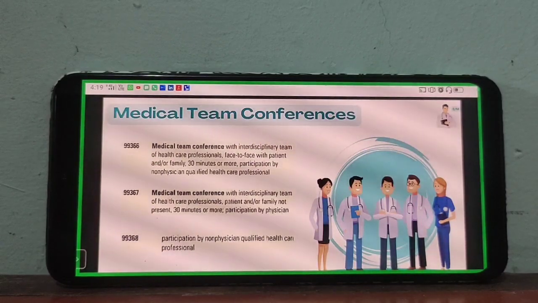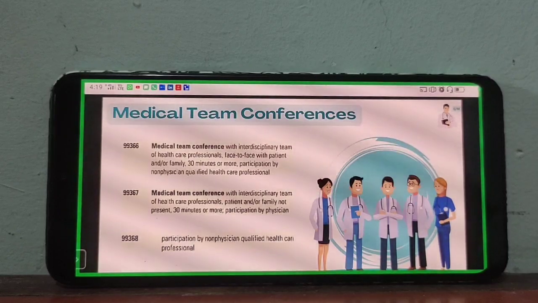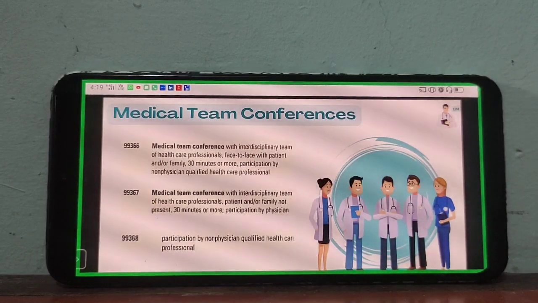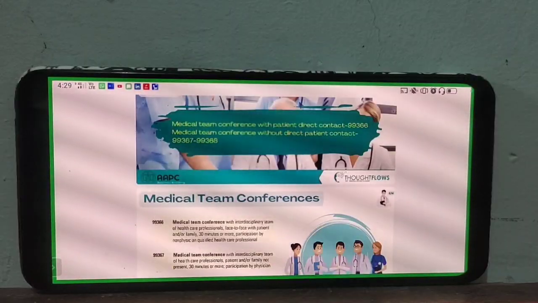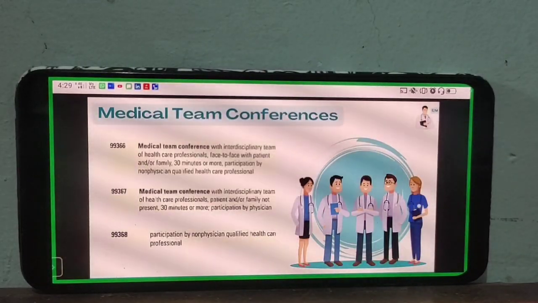In that conference, if the patient and their family members are present, we should apply 99366 for 30 minutes or more. So 30 minutes is a must, not even 29 minutes. If the patient or family members are absent and only doctors are present, go for 99367.